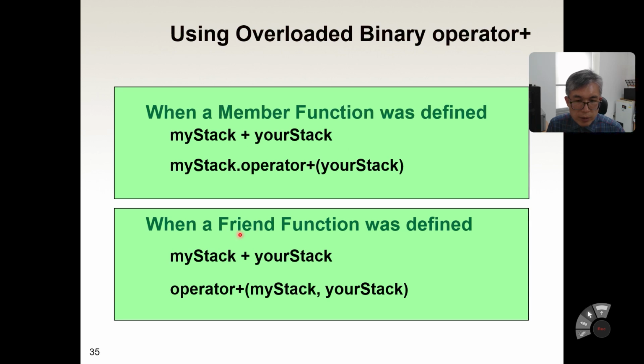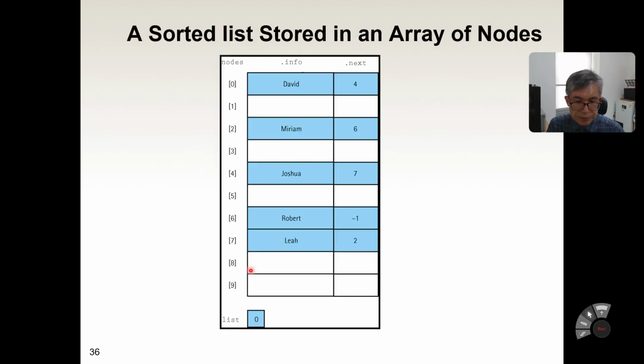And when a friend function is defined, my stack plus your stack, and then operator plus with my stack, your stack. So we have a different syntax like this, using a friend function, because they are friends to the stack variables. Okay.